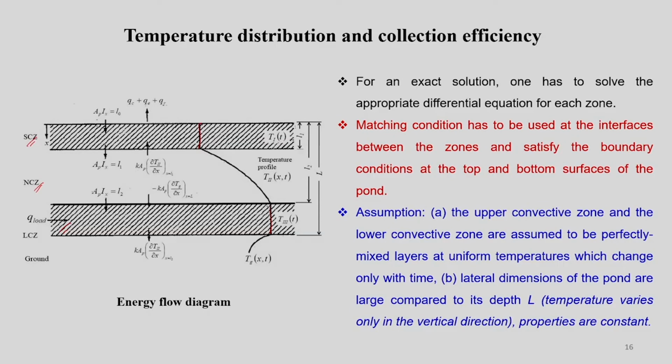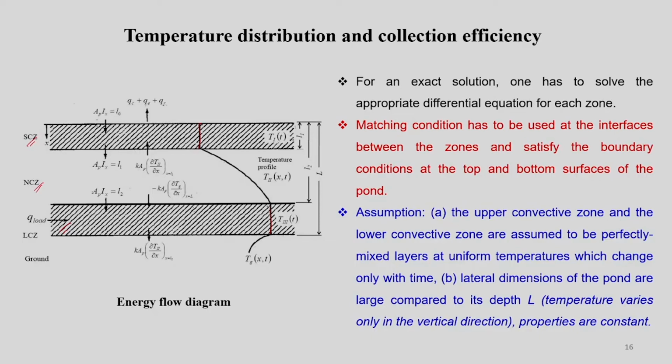Now, how do we proceed to investigate temperature distribution and collection efficiency? For an exact solution, one has to solve the appropriate differential equation for each zone, use matching conditions at the interfaces between the zones, and satisfy the boundary conditions at the top and bottom surface of the pond.